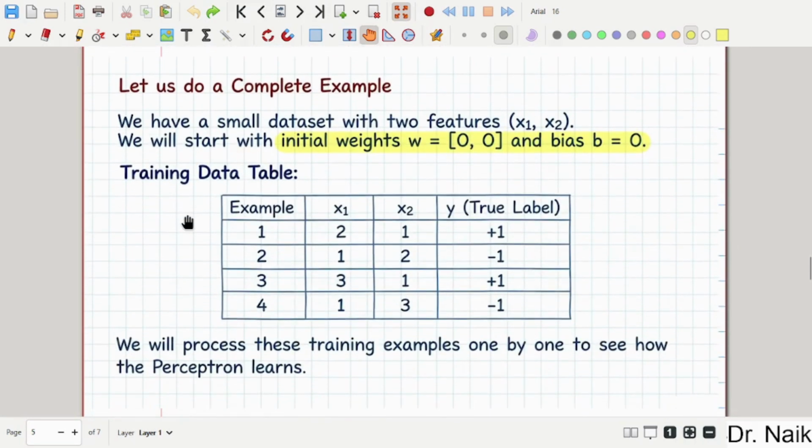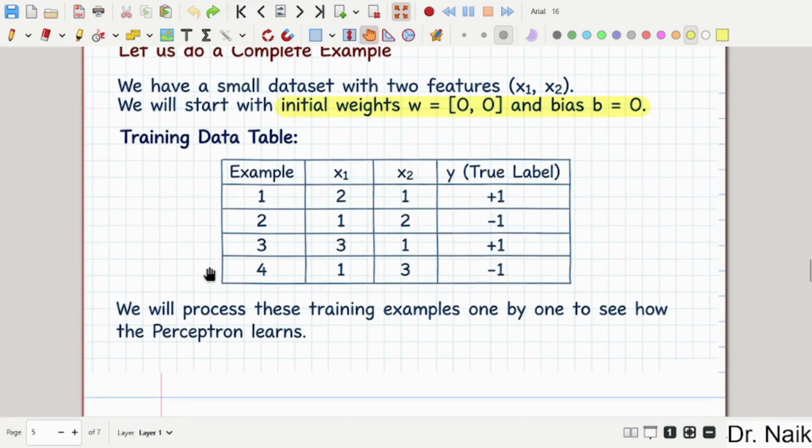Now let us do a complete example to understand the perceptron in more detail. We have a small data set with two features x1 and x2, and we will start with the initial weight W equal to the column vector with first entry 0 and second entry 0, and bias B equal to 0. The training data given to us: example 1 has x1 = 2 and x2 = 1, and its true label is +1.